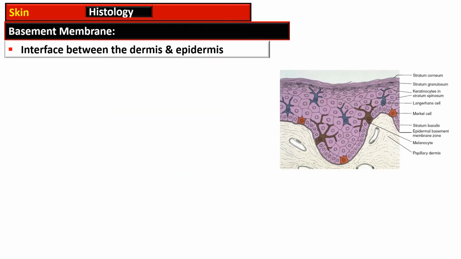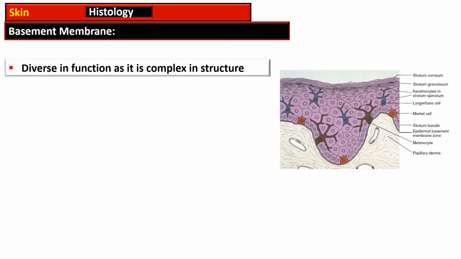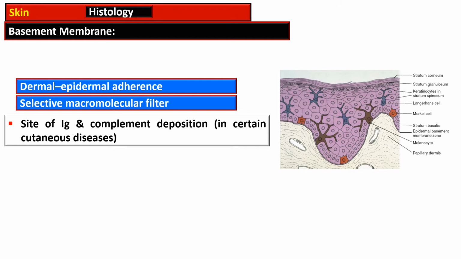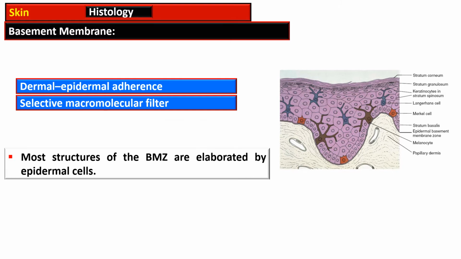The basement membrane is the interface between the dermis and epidermis. It has diverse functions and a complex nature. It is responsible for dermal epidermal adherence, it is a selective macromolecular filter, and also it is a site for complement and immunoglobulin deposition in certain diseases.